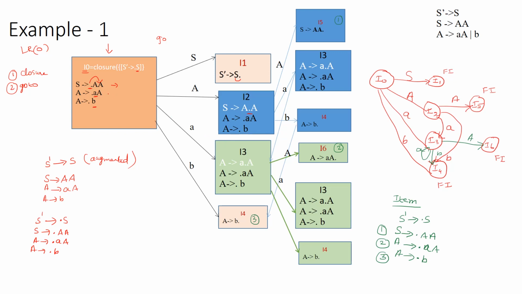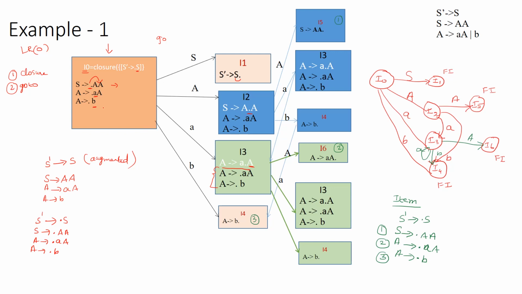And now when we apply small a, A derives a dot capital A, we have moved the dot here. And then since we have a non-terminal after the dot, we have to write all the productions of that A. That has been written.